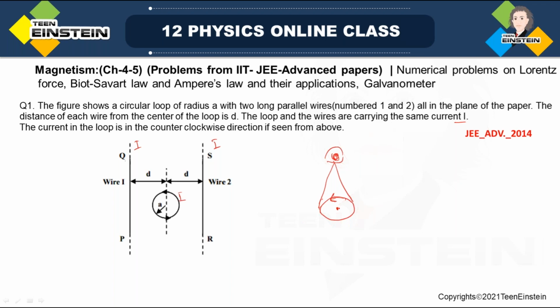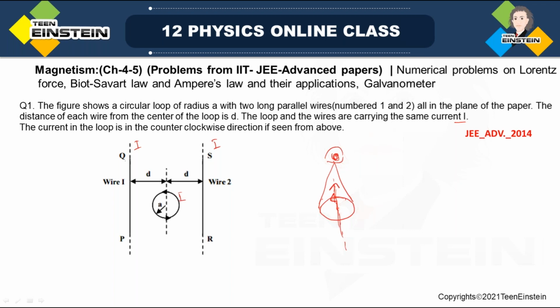So you may know the direction of the magnetic field produced by this, if required. You know the right hand thumb rule for loops. If the current is in the anti-clockwise direction, then the field will be in the upward direction.